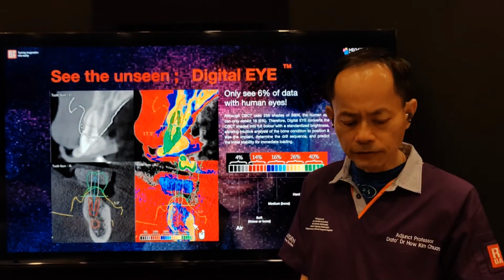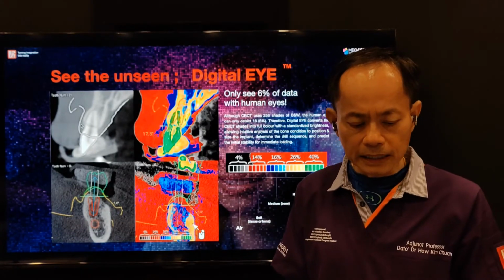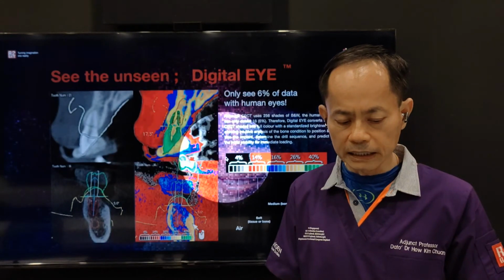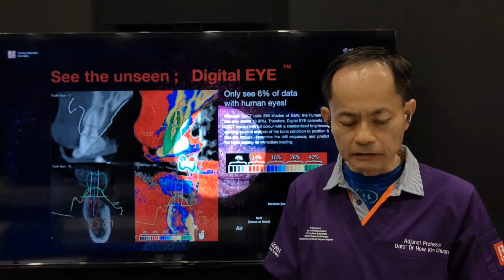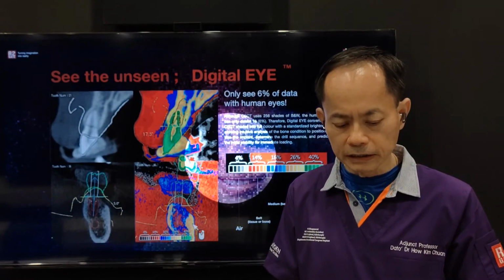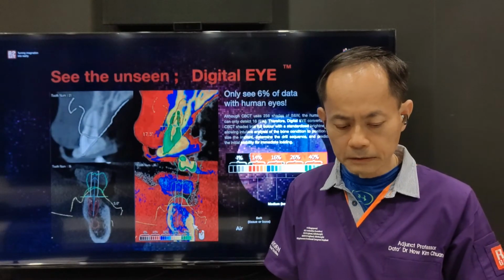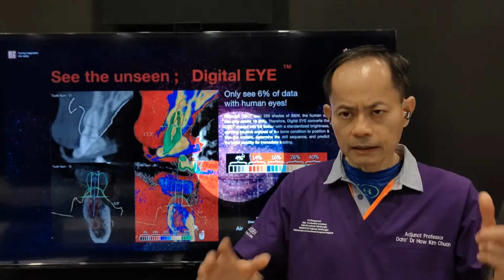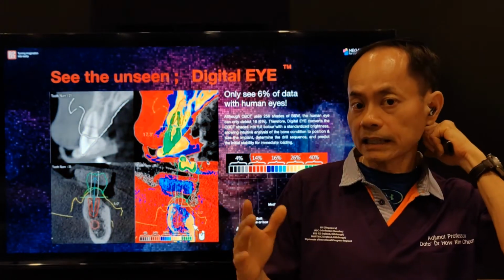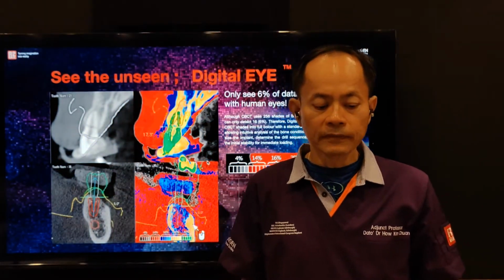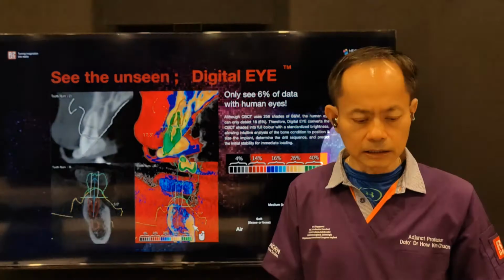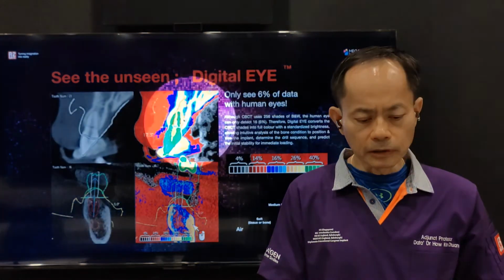But if we place color, it will be a lot easier for our eye to detect. So we can set the color sensitivity from green to be the hardest density to black to be the least hard density.